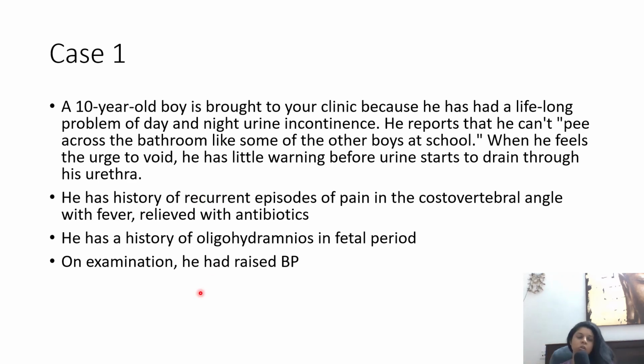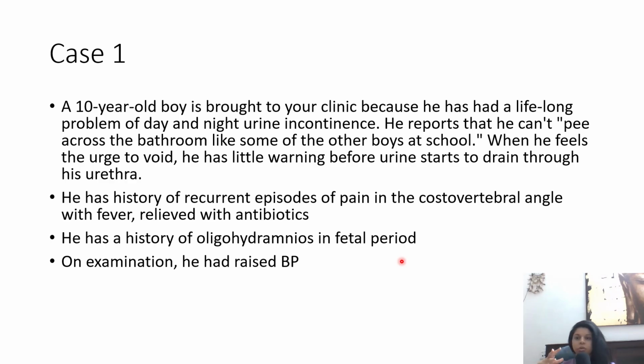Now he also has a history of oligohydramnios in the fetal period. If you didn't have gynecological postings in your second UG time, I'll explain that a fetus in the womb is surrounded by amniotic fluid.